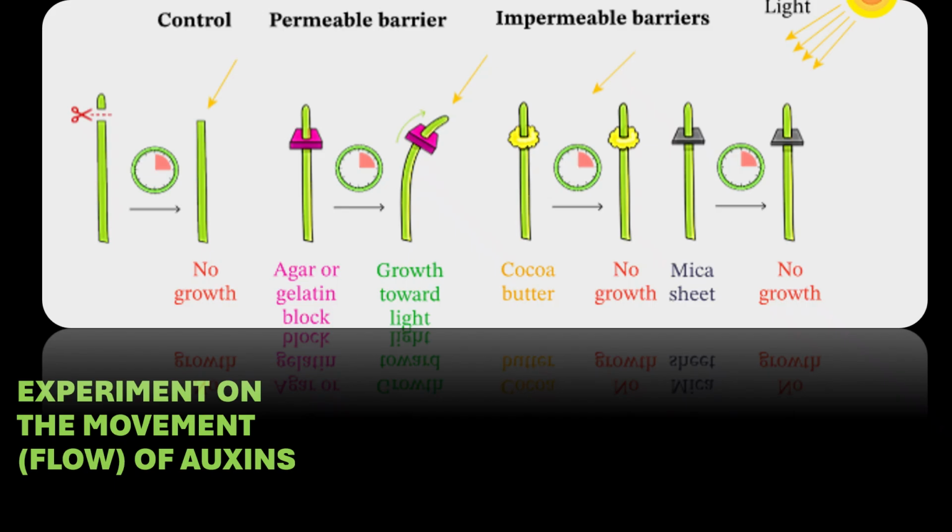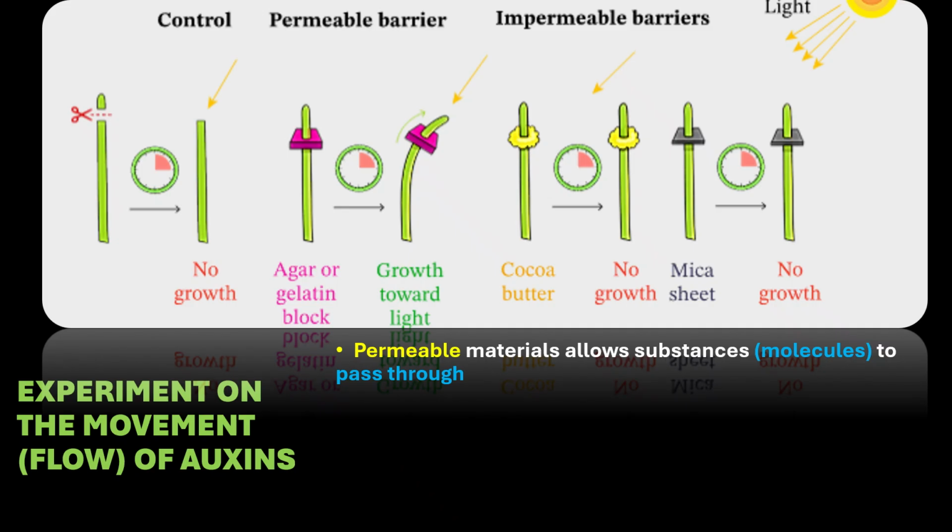So we have an experiment here trying to check the effect of light on auxin and its movement with regard to plant growth. In the first instance, we're going to use what is called a permeable material. What is a permeable material?